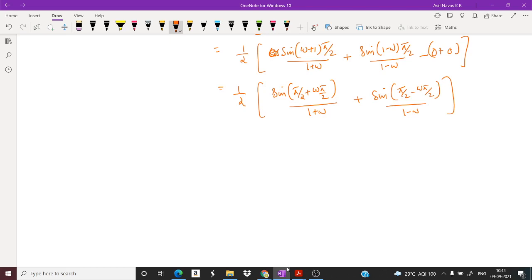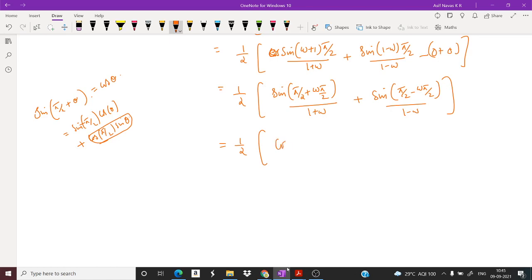Now, what is sine pi by 2 plus theta? You can write sine pi by 2 plus theta is sine pi by 2 cos theta plus cos pi by 2 sin theta. Cos pi by 2 is 0. So sin pi by 2 is 1. Therefore, sine pi by 2 plus theta is cos theta.